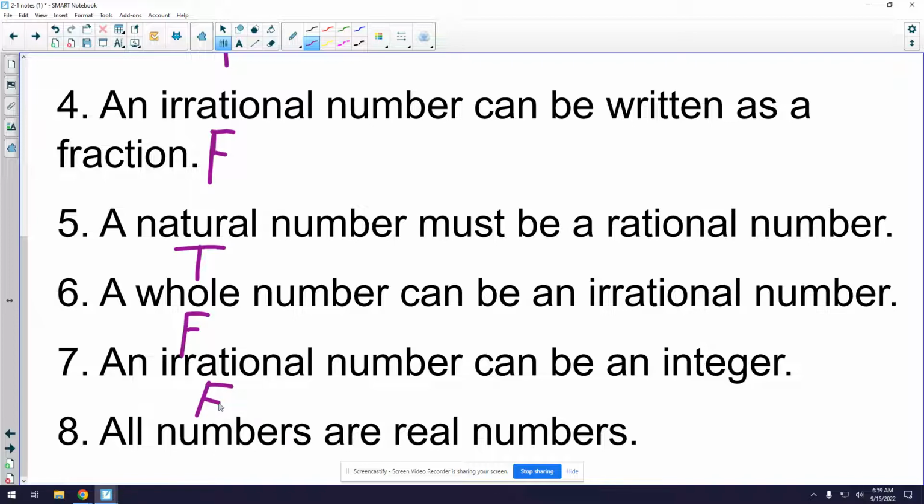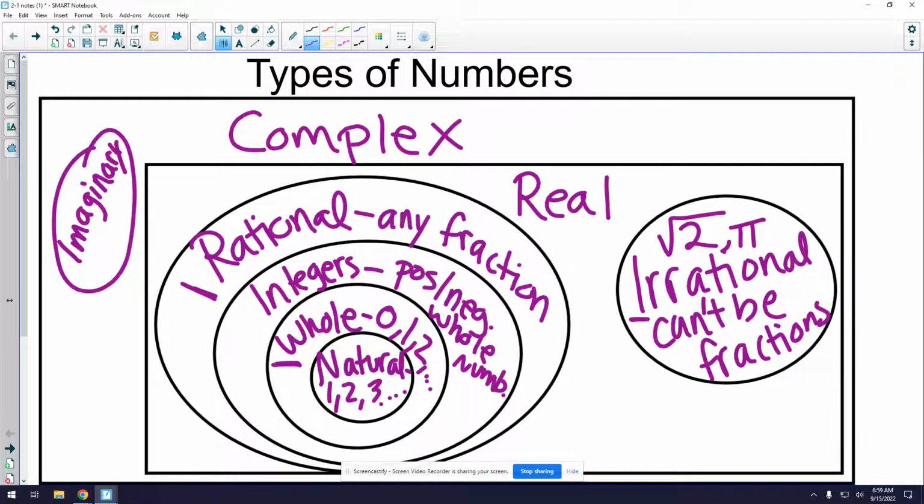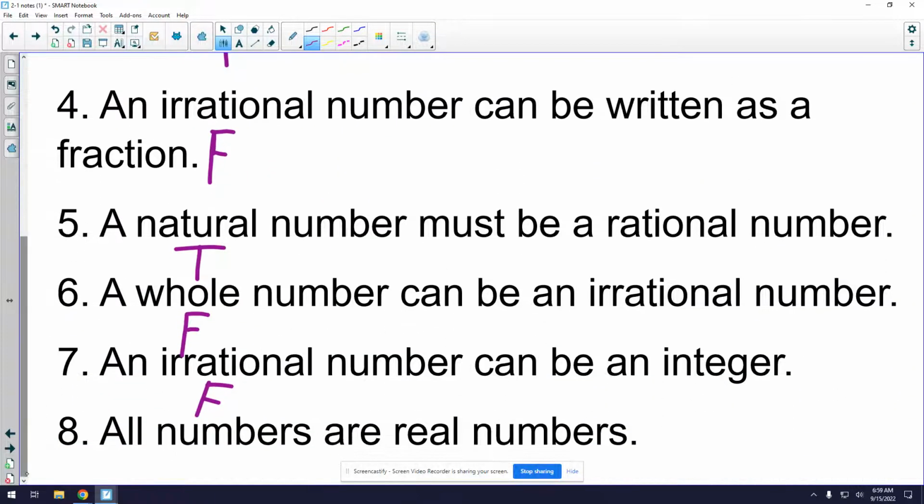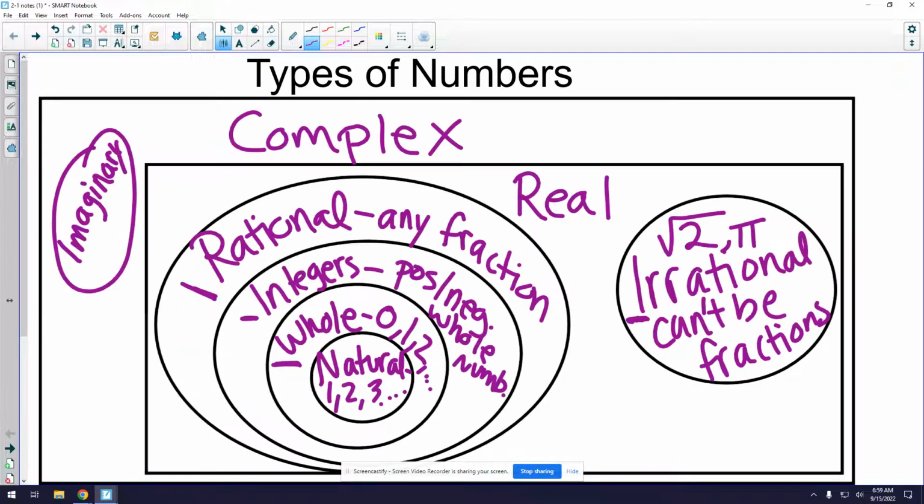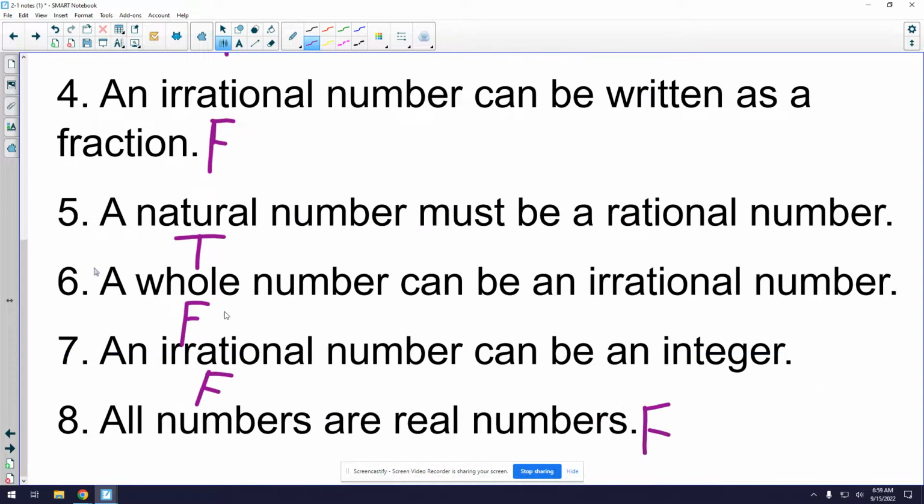False. Similarly, you have your irrationals over here. They are completely separate from your integers. And all numbers are real numbers. False. Here's our real. Some numbers are imaginary instead. So not all numbers are real numbers because some numbers are imaginary numbers.